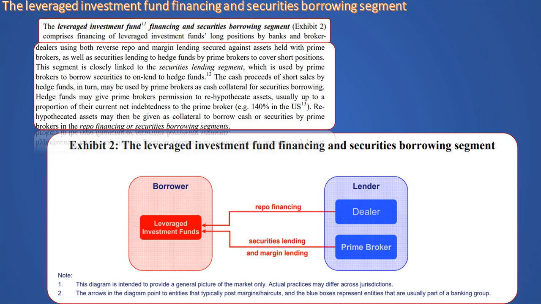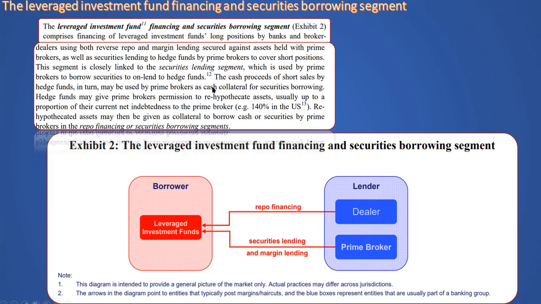So basically what they do is the assets are held by the prime brokers. These leveraged investment funds will go ahead and brokers will lend securities and margin to the leveraged investment funds, who then will use those to have a repo financing transaction with a broker dealer to inevitably short the stock.